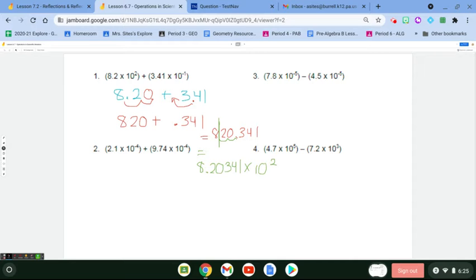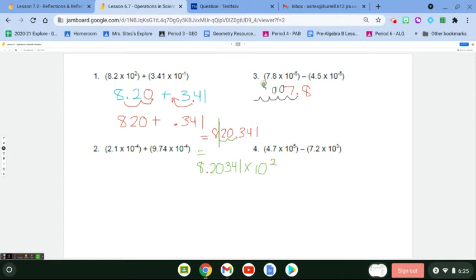Problem number 3 is subtraction. So let's do this process where we first move everything into standard form, and then we'll subtract the two numbers using our calculator. We have 7.8 times 10 to the negative fifth. So I'm going to move this 1, 2, 3, 4, 5 places.